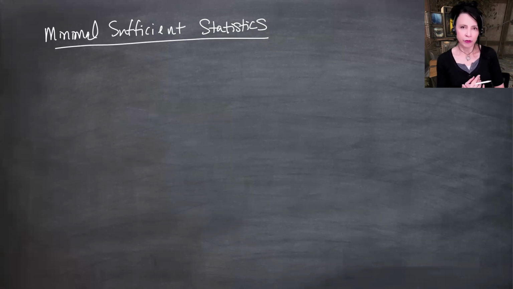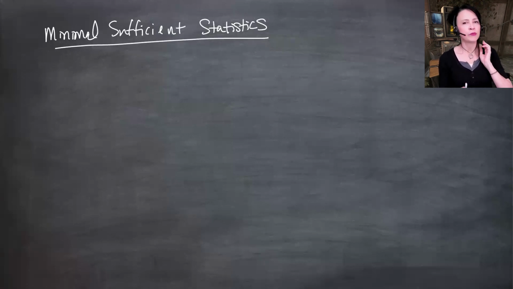Some people think that the definition of a minimal sufficient statistic is a sufficient statistic of lower dimension. That's not really correct, although some people define it that way, but it's really a minority. I'm just going to say that's incorrect. But it's not a bad way to think about things.